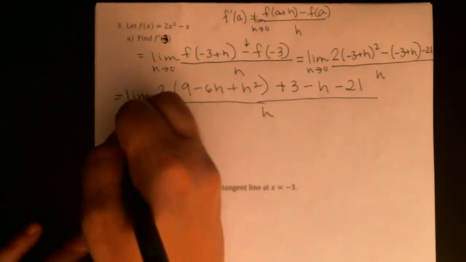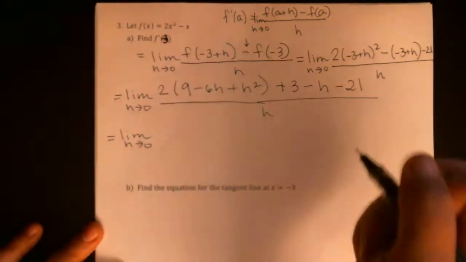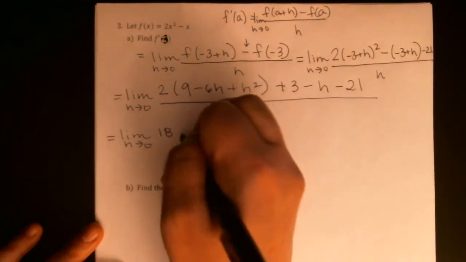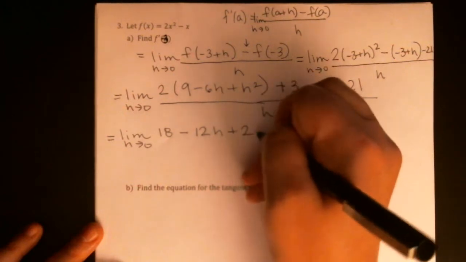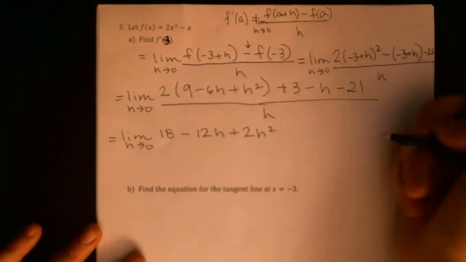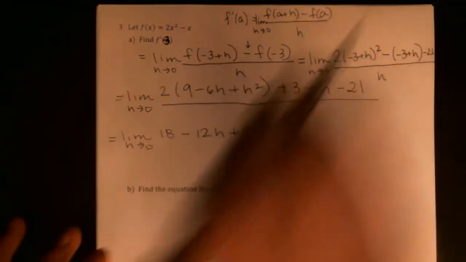And I'm going to go ahead and distribute that too. So I have an 18 minus a 12h plus a 2h squared.